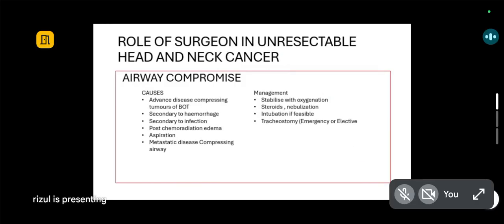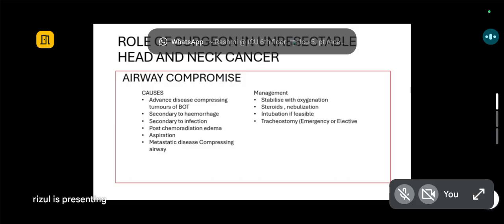Then the next is, what is the role of the surgeon? Because we have already discussed the definitive and palliative therapy role, but what is the role of the surgeon if the disease is unresectable?